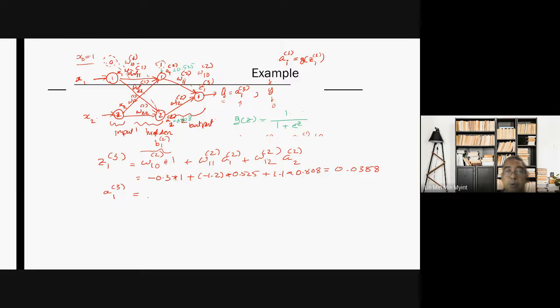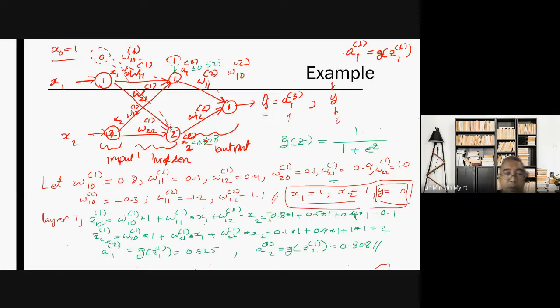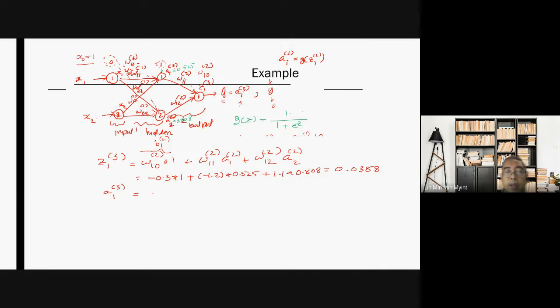This will be equal to, maybe this one, 2, 2, so it's easier for us. Yes. This will be equal to the same functions, the logistic function, of 0.0388.